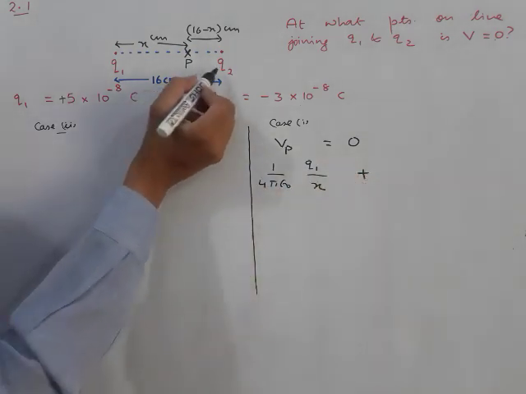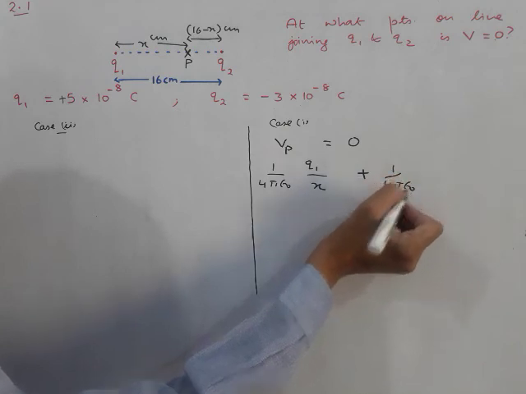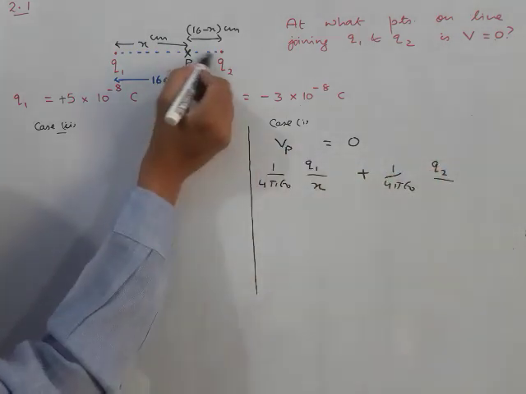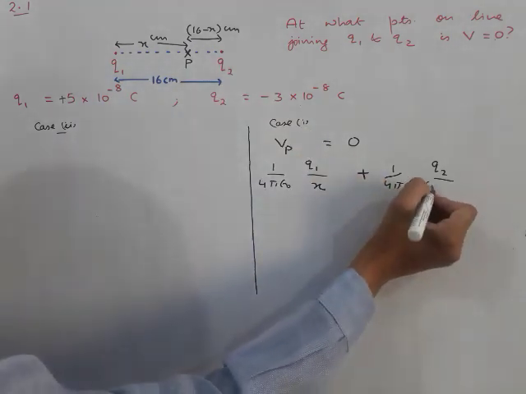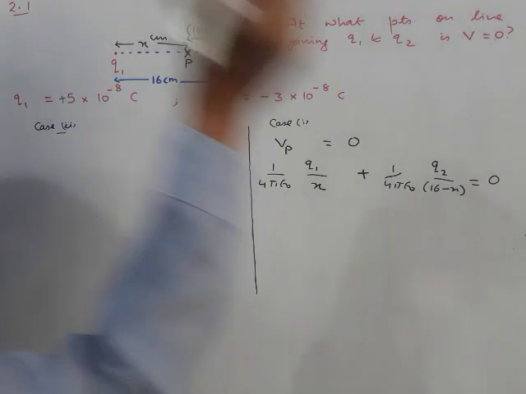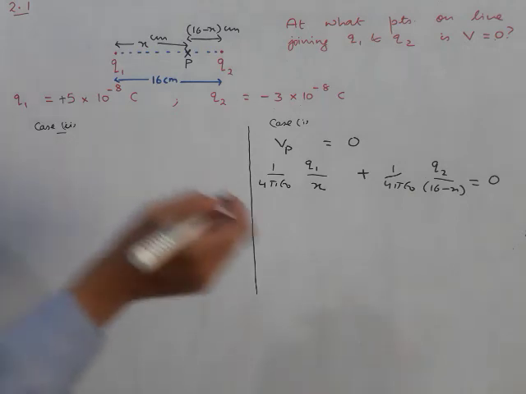Then potential due to Q2 will be how much? 1 upon 4 pi epsilon naught, that charge, that is Q2, upon this distance, that is 16 minus x, and this total has to be 0. So this is our equation that we need to solve for x.